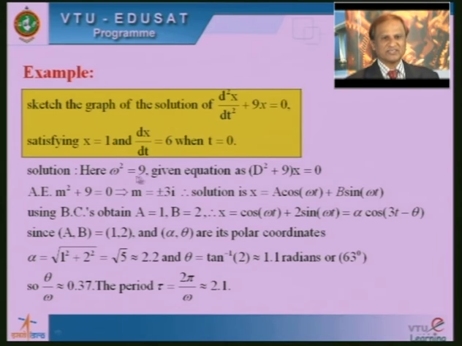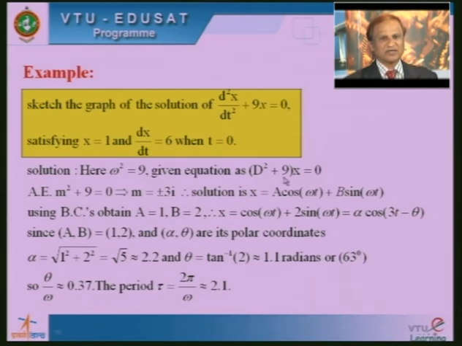Omega square is equal to 9. So, the given equation can be written in symbolic form. As usual, we replace d by dt by capital D, so capital D square plus 9 into x is equal to 0. This equation we call the symbolic form of the given equation.